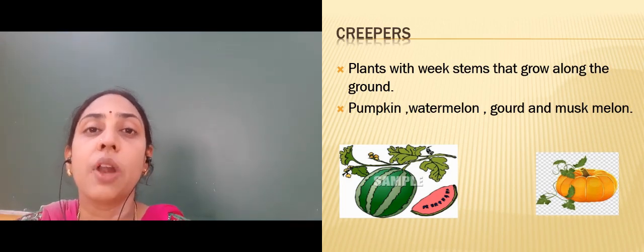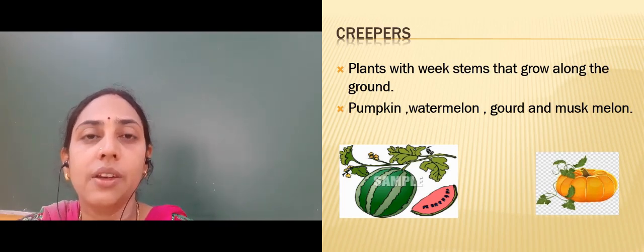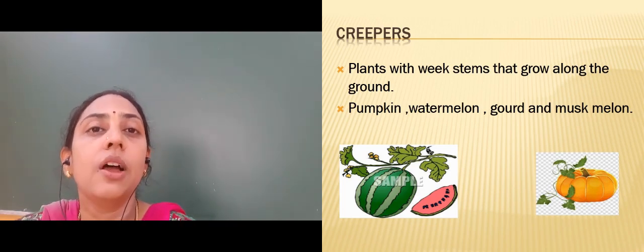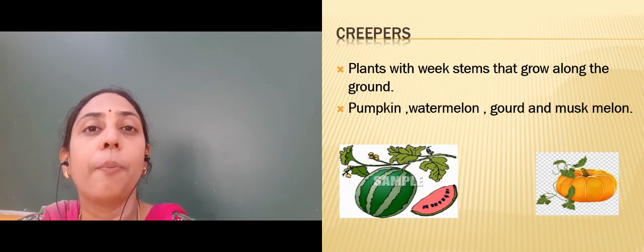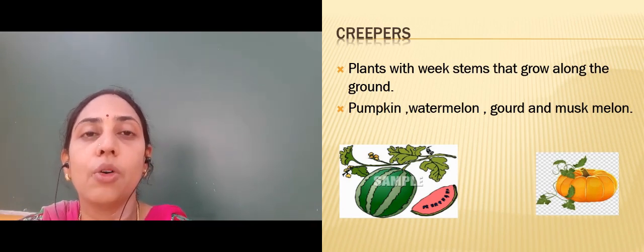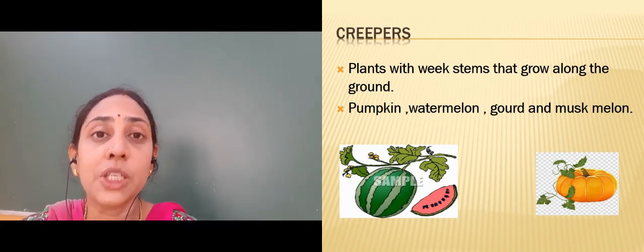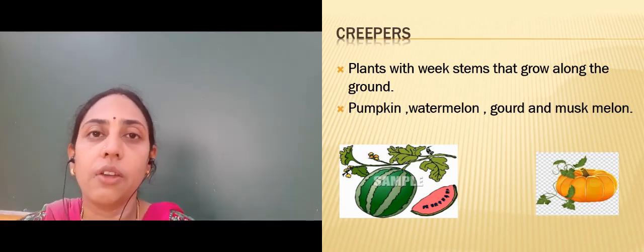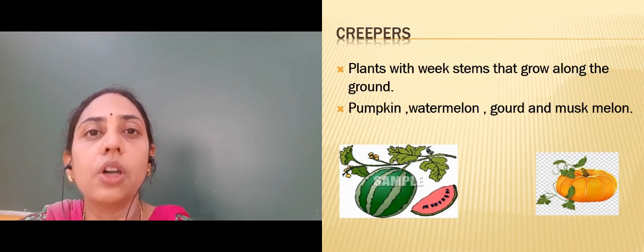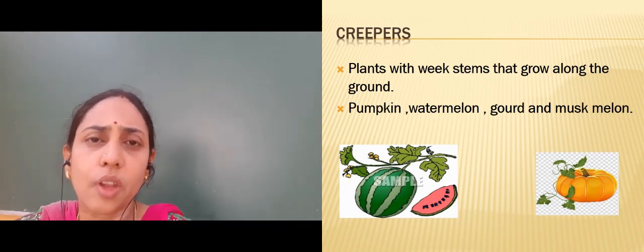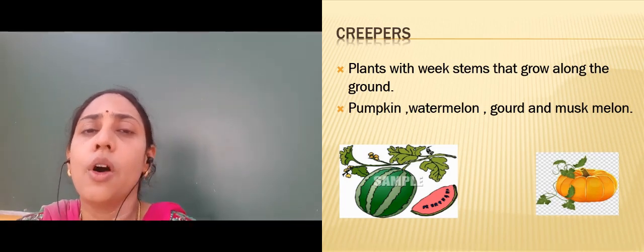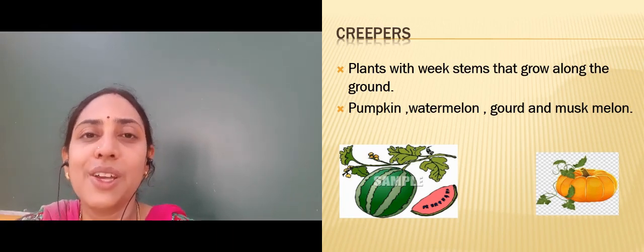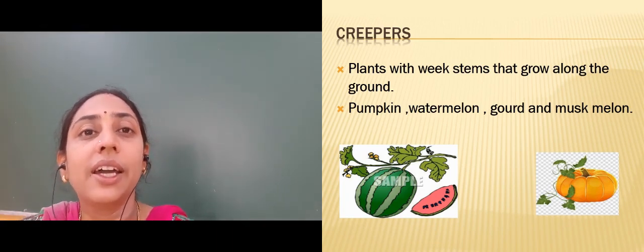If these plants started growing like climbers, then when the fruits start growing, the plant would break down and fall. So these plants grow along the ground only. Though they have a weak stem, they do not take the support of a wall and all. They grow along the ground, right? So these are called creepers.